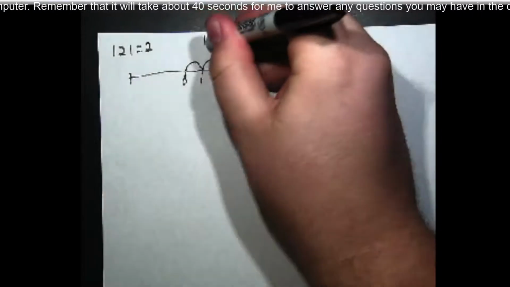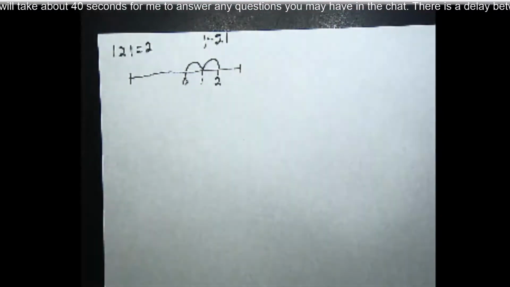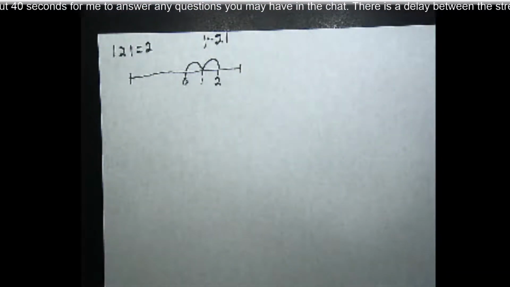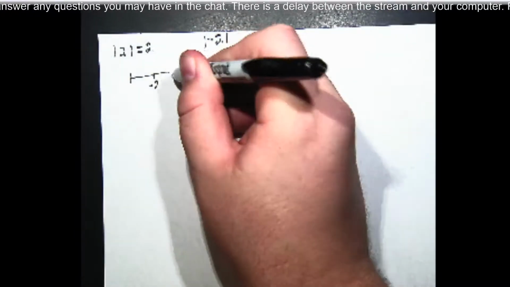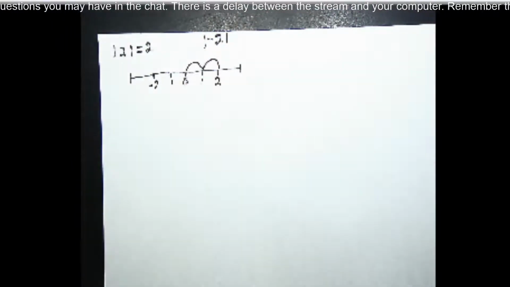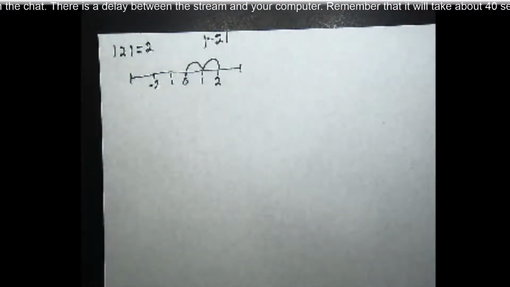Similarly, we can look at something like the absolute value of negative 2. Same thing. We look at it on the number line. Negative 2 is out here. So how far is it from 0? It's also 2.